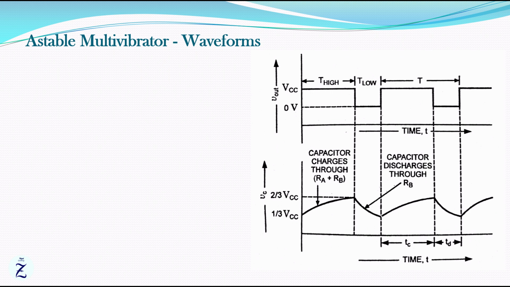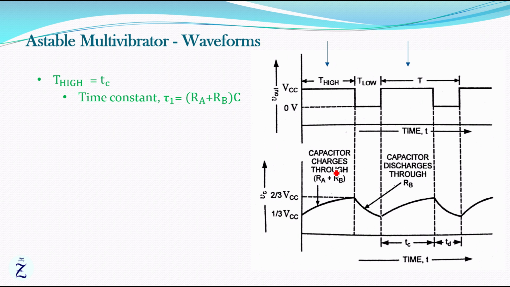Let's look at the waveforms. The first waveform represents the output and the second one represents the capacitor voltage. The time during which the capacitor C charges from 1 by 3 VCC to 2 by 3 VCC is equal to the time duration the output is high.